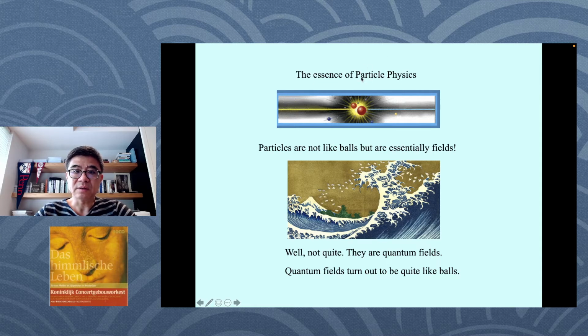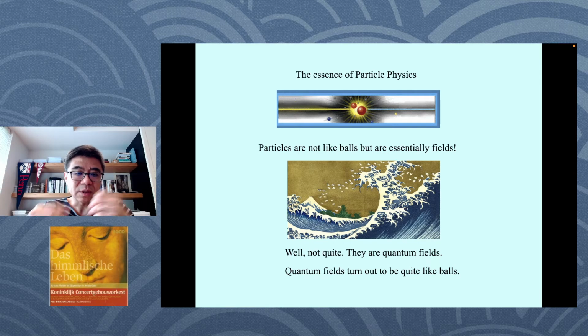The key idea is that particles are not like balls, as we expect in Newtonian mechanics, but they are essentially fields. The reason, of course, is special relativity. We have relativity invariance, so the picture of balls with specific position does not apply here. Therefore, to accommodate relativistic invariance, the physical system must be expanded just like fields.